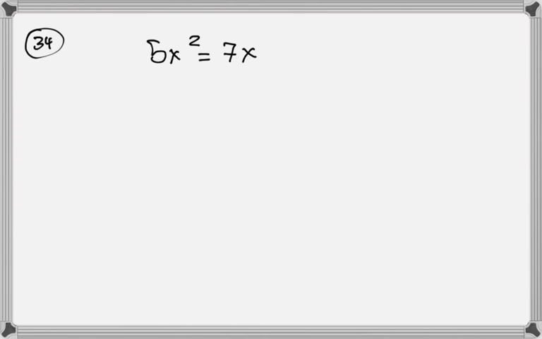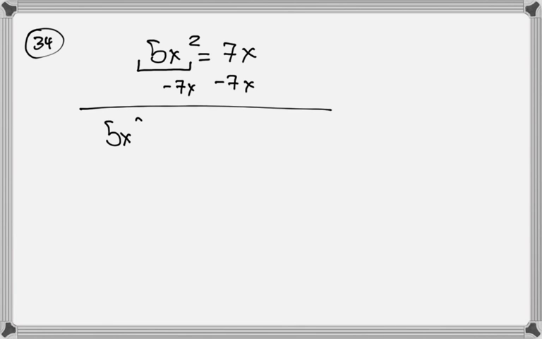Right, it's not equal to 0. So you want to have it in the form where the x squared term's positive. That means we got to subtract the 7x. 5x squared minus 7x equals 0.